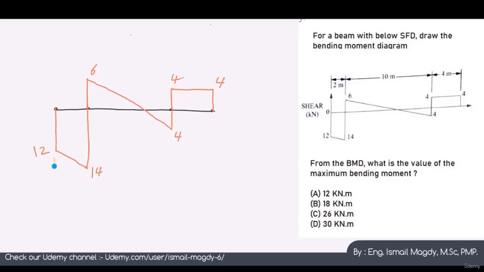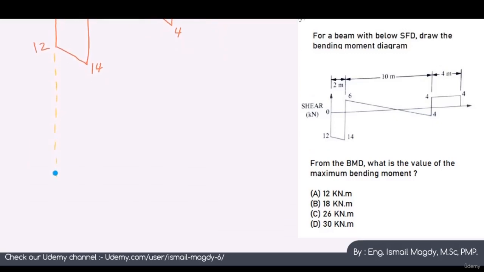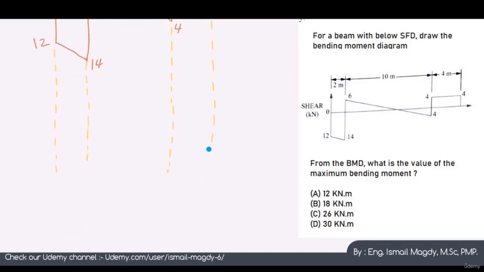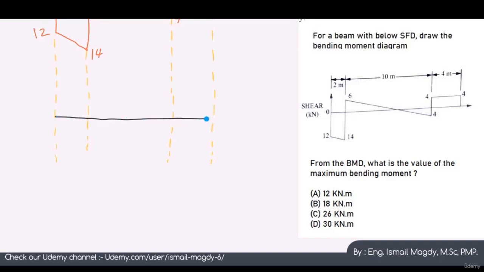Let's start as we always do, except this time we are going backward. We have our beam here.